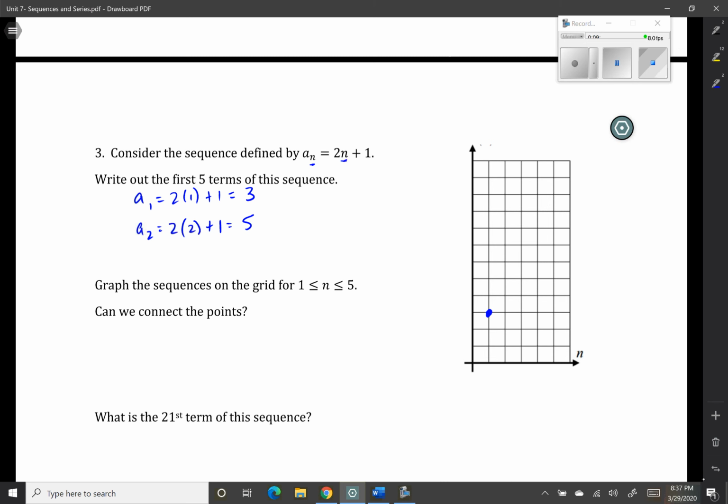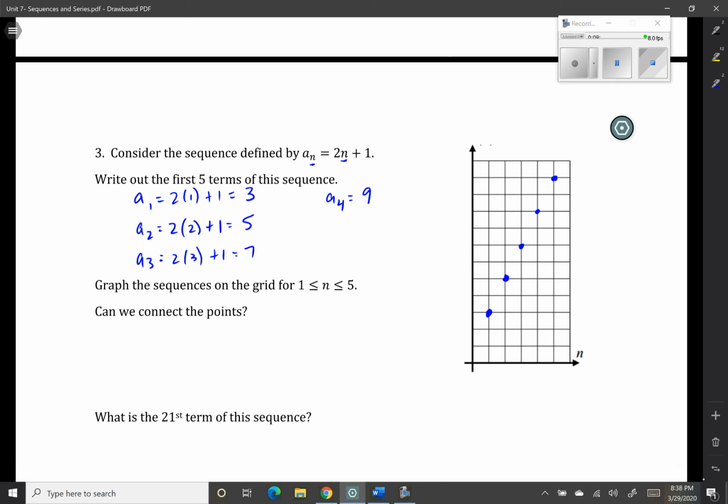So I have 2, 5. A sub 3 would be 2 times 3 plus 1, which would be 7. And you might be saying, I see the pattern. The pattern is, well, what's the fourth term? Right? If I was in class right now, I'd say, all right, so what's the fourth term without having to plug in 4? And you'd all say 9. Because we noticed that it's just adding 2 each time. And there's our sequence.